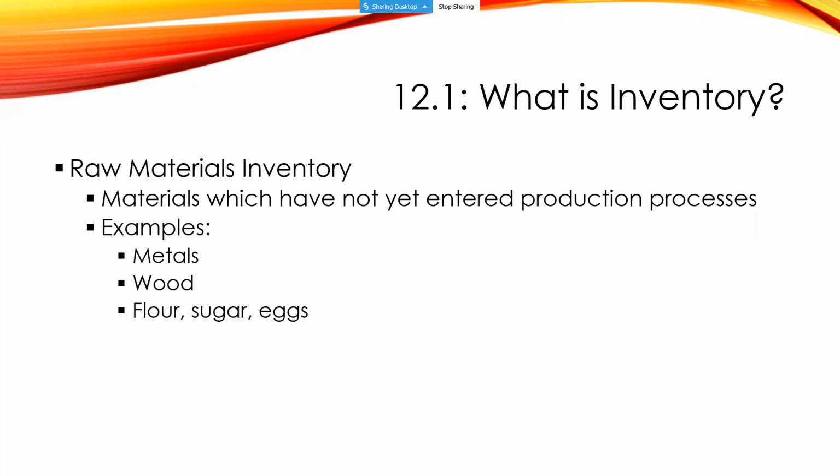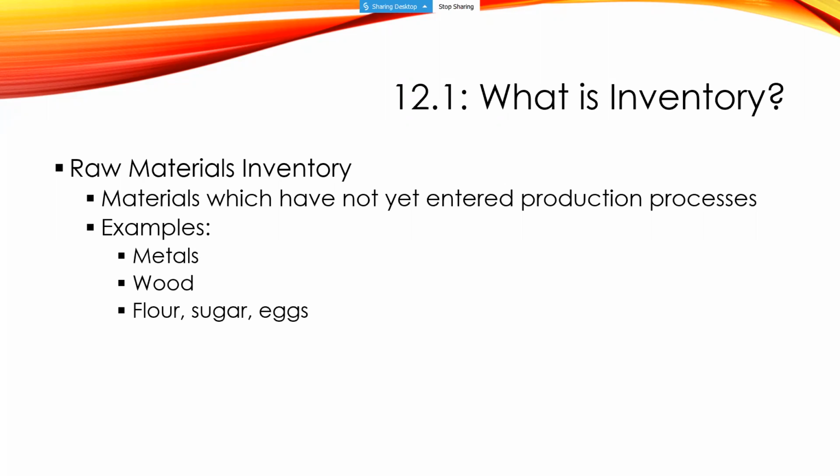Your raw materials haven't even entered the production process yet. The components of the resulting finished good that hasn't even been started into the production process yet. For example, if you've got a metal fabrication type of enterprise, the raw metals, wood, if it's woodworking, or something like furniture.